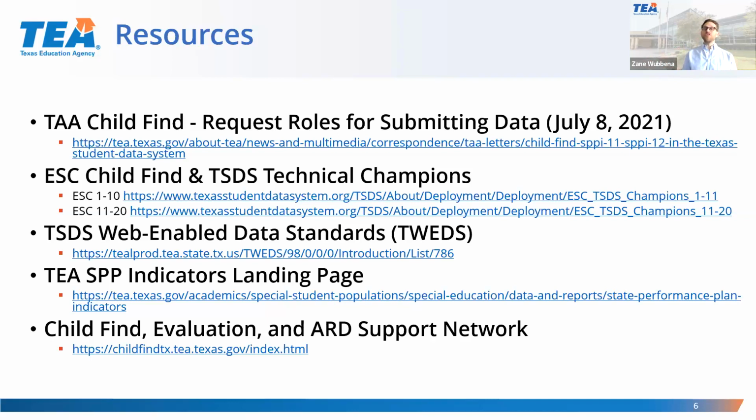Some of those resources are duplicated between 11 and 12 because they apply to both, but some of those resources are specific or unique to that indicator. We also post the presentation slide decks on that page, and these links about the child find champions, and any guidance documents that we put together.